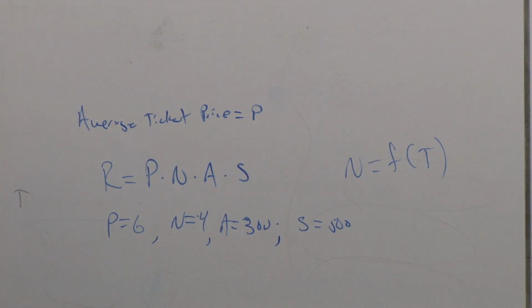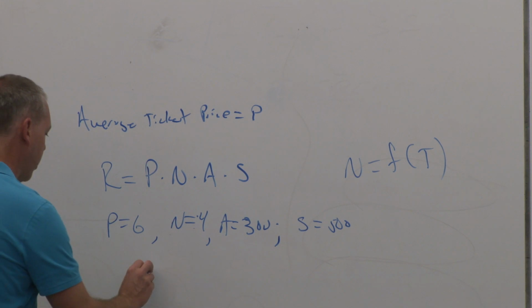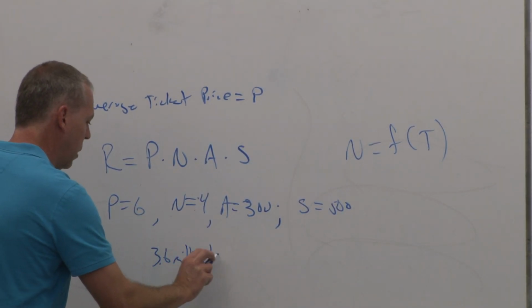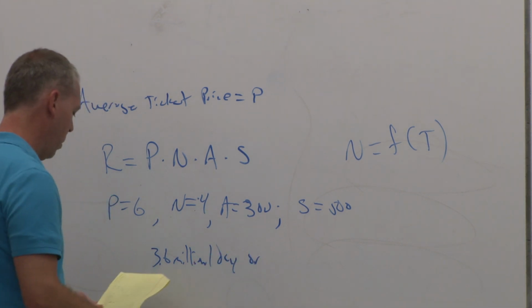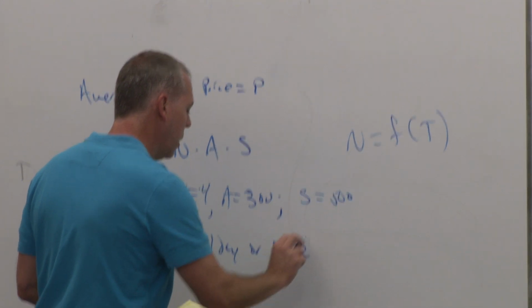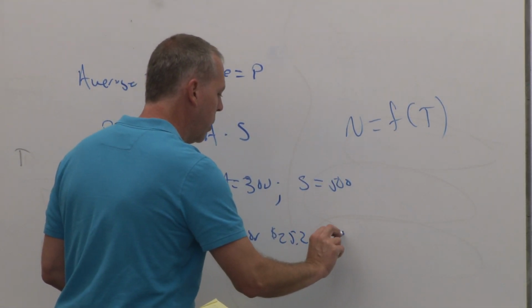So we've got 500 screens within our industry, we have 300 seats in each screen, that's a big theater, we have 4 showings per day, and we're charging $6. If we do all this, you can collect about $3.6 million per day, or about 25.2 million per week.